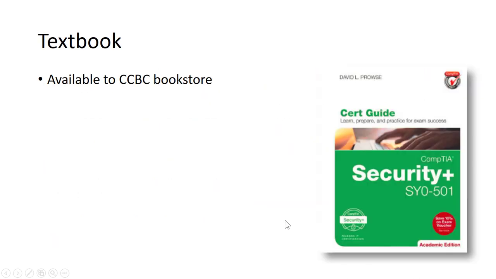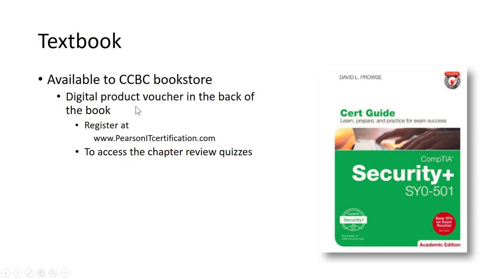The textbook can be purchased at the CCBC bookstore, and it's important to get the textbook because it includes the digital product voucher in the back of the book, which is used to register at pearsonitcertification.com, which allows you to access the online chapter review quizzes. More on those quizzes later.